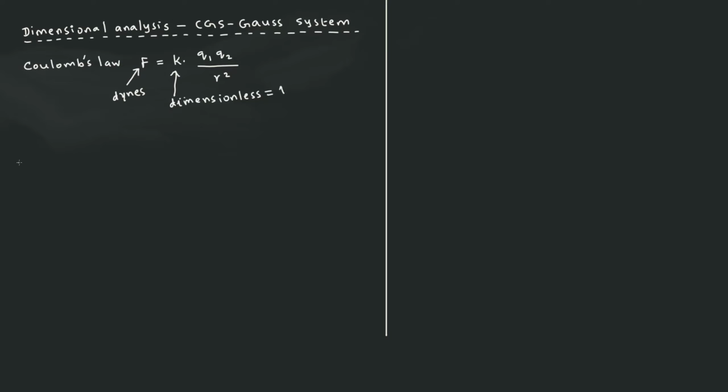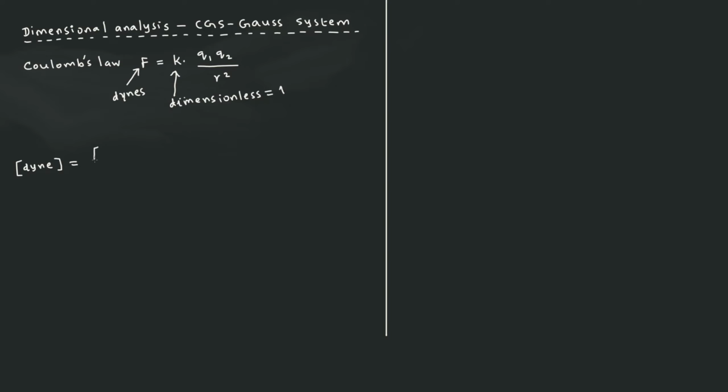If you are going to write the dimensional appearance, we write in the square bracket to say that some quantity's dimension we are talking about. Then we can write like this. On the left hand side, we have dyne, which is equal to, K is dimensionless, so no need to write.